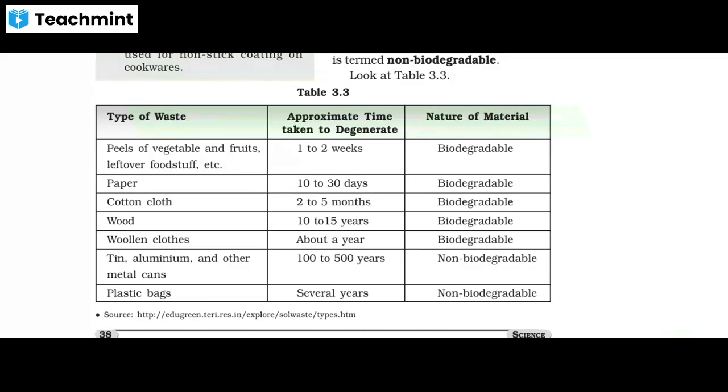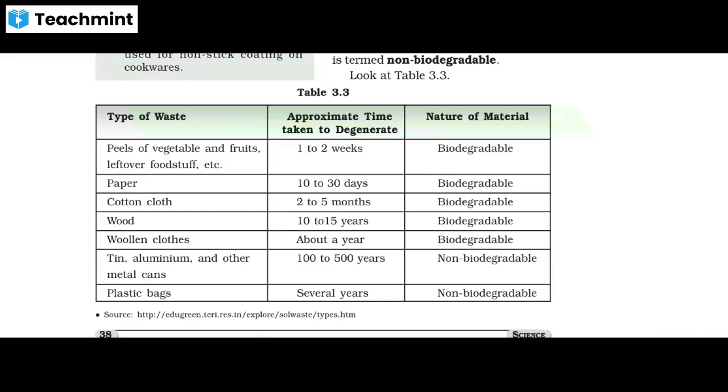Paper is also biodegradable and takes approximately 10 to 30 days. Cotton cloth, a natural fiber, is also biodegradable and takes 2 to 5 months. Wood takes 10 to 15 years, and is also biodegradable. Woolen clothes take about a year, and are also biodegradable.